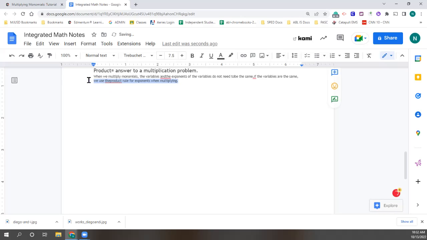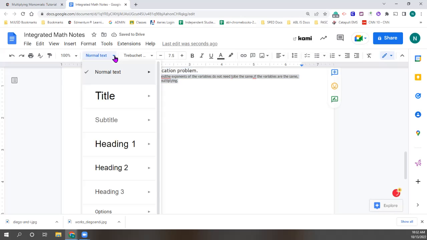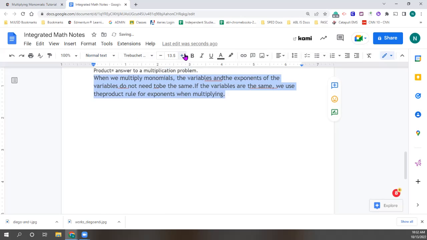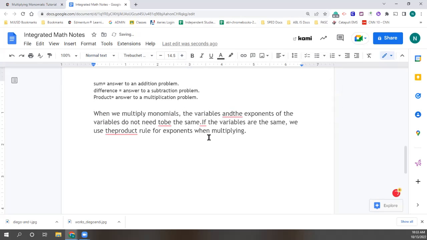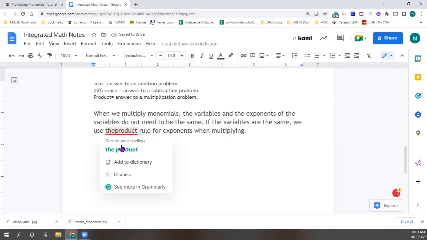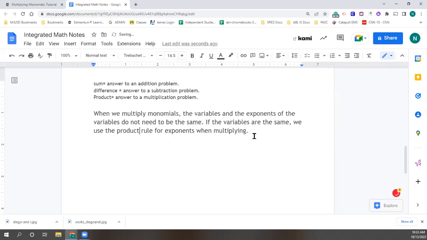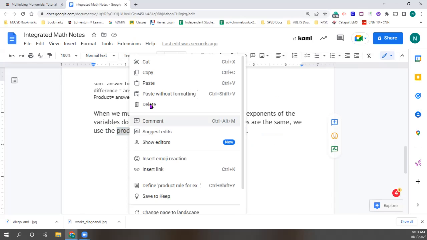When we multiply monomials, the variables and the exponents of the variables do not need to be the same. If the variables are the same, we use the product rule for exponents when multiplying. You know, I bet you dollars to donuts we're going to learn what the product rule for exponents is.